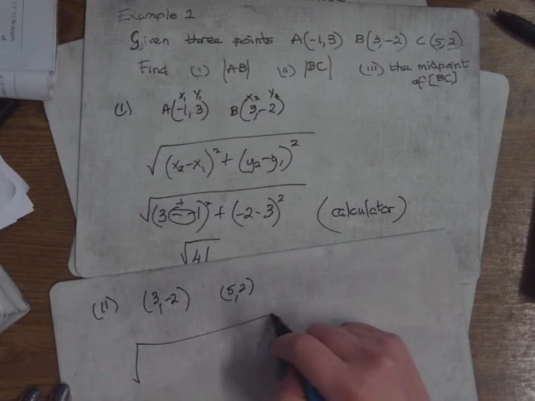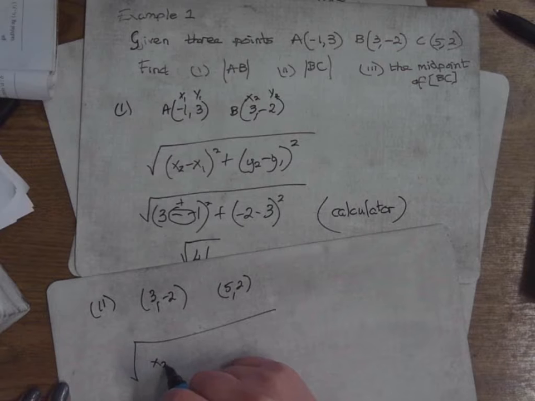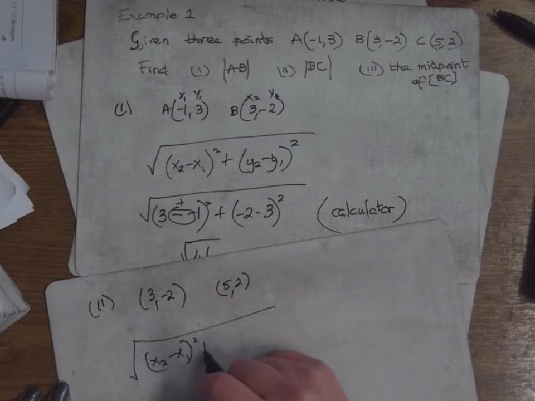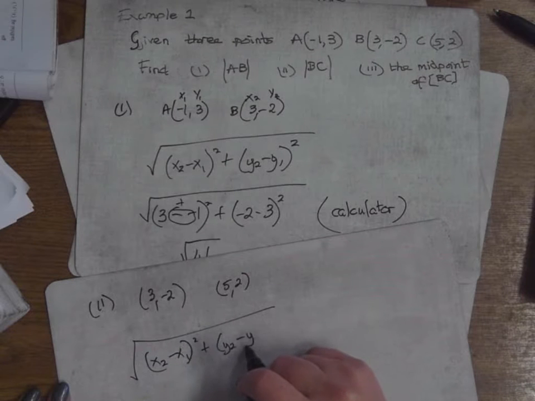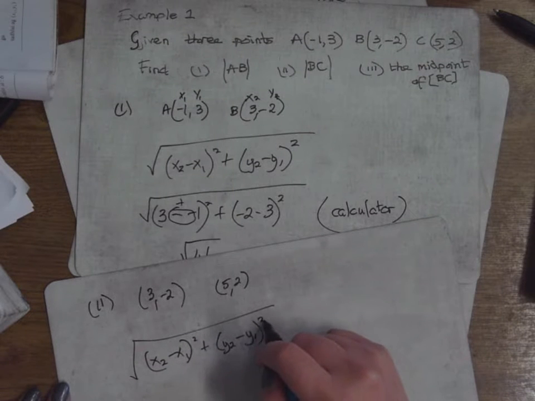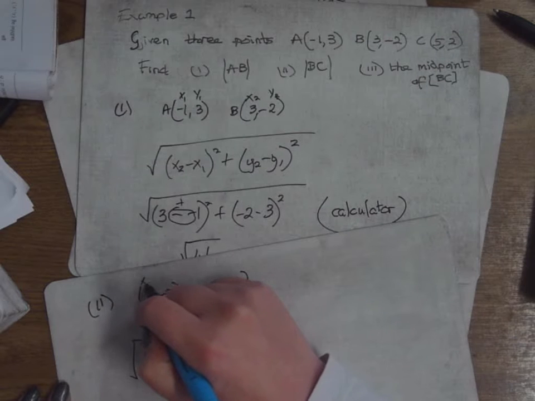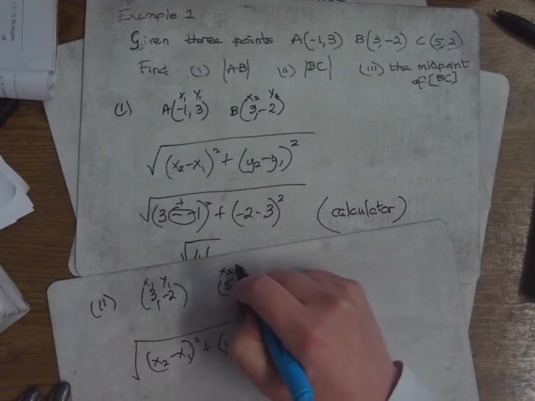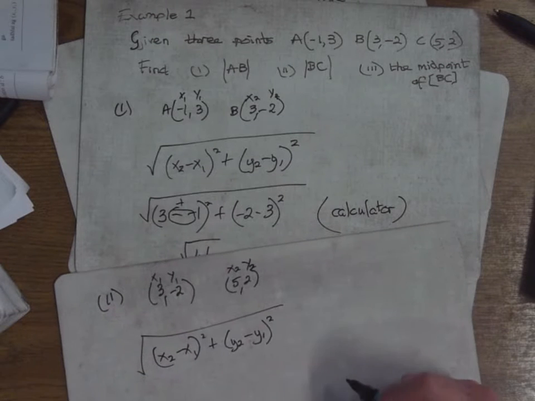Formula is x2 minus x1 to be squared plus y2 minus y1 to be squared. So I'm going to call this x1, y1, and I'm calling this x2, y2, and I'm filling it in.